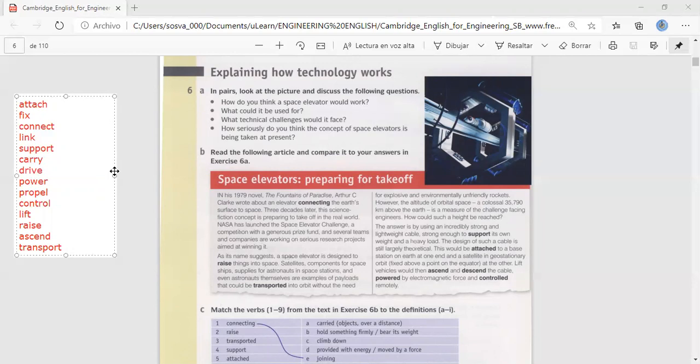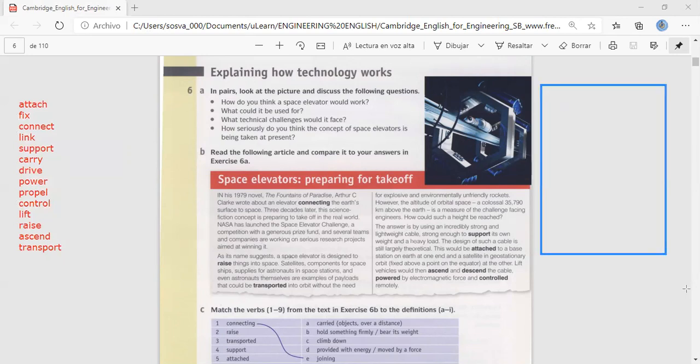Attach depends, they use it in one sentence, no? But attach is fijar or anexar. Fix is like reparar or sujetar. Connect, conectar.